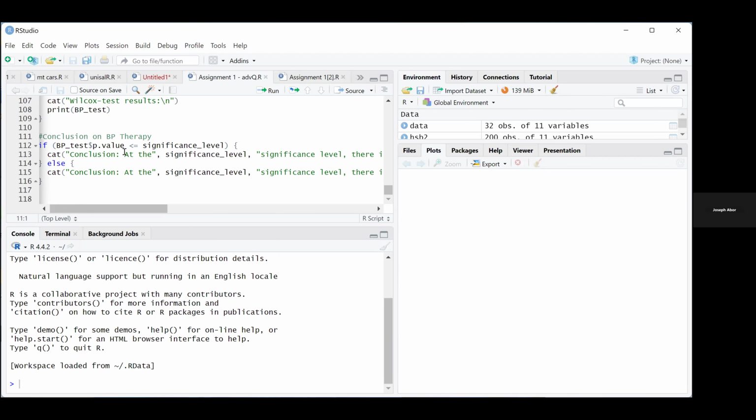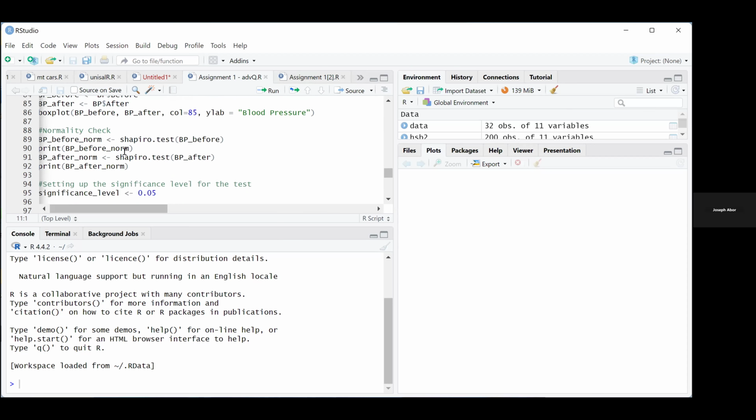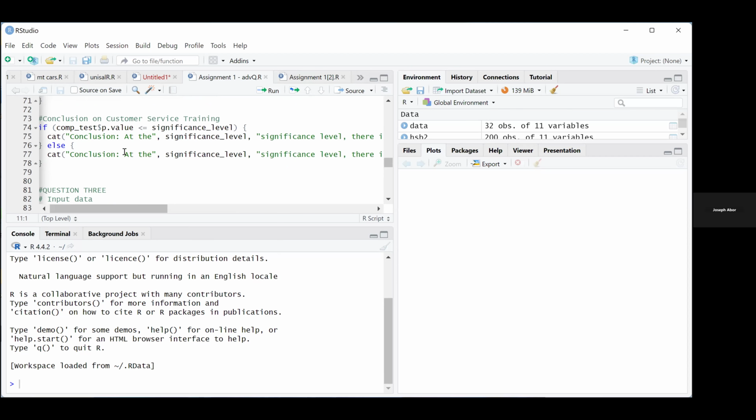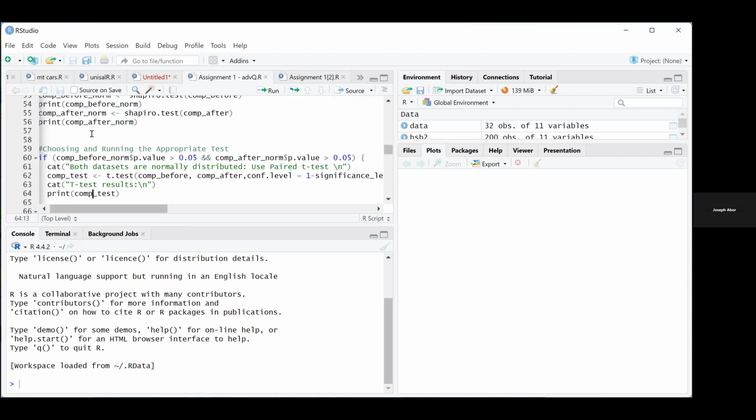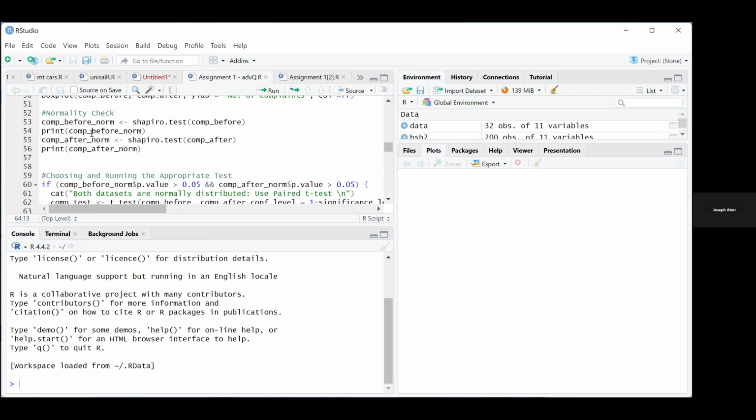Where did you get this? Did you get this from the slides? Yes. But the slides, I never wrote BP. No, the BP is the assignment, to give us the blood pressure. So where is the one for the slide? Where is the gene one?